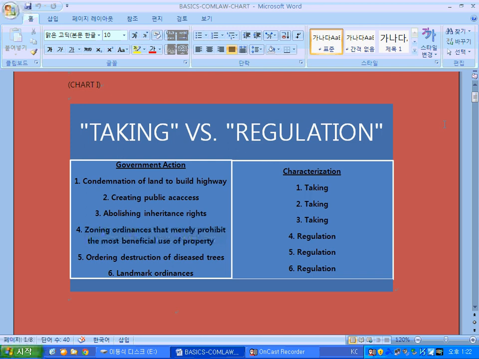And the 15th Amendment dealt with the right to vote. There was no suffrage system for black Americans and female persons in the United States at that time.